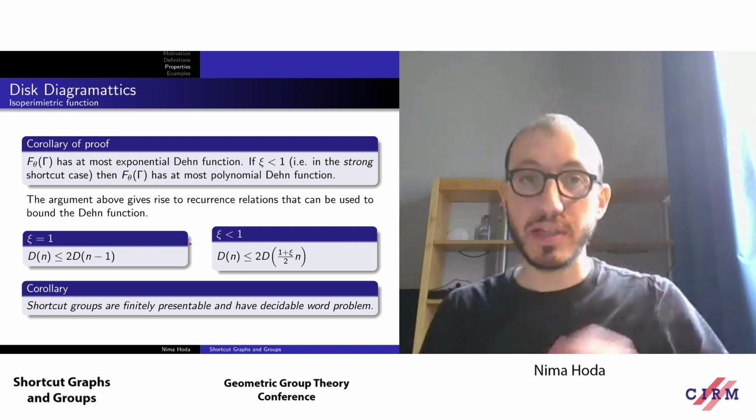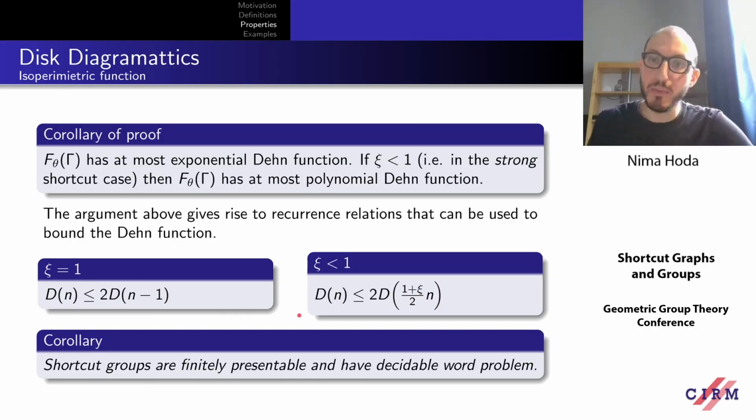Actually, as a consequence of the proof, we get a little bit more. What the computation showed is that during the inductive step, we're replacing our cycle with two shorter cycles. So what we get is that f sub theta of gamma has at most exponential Dehn function.